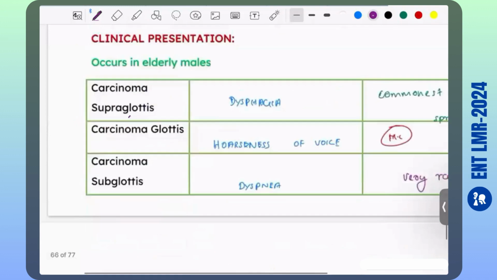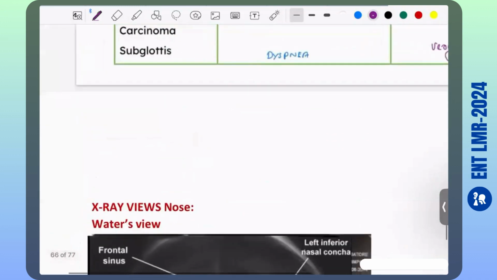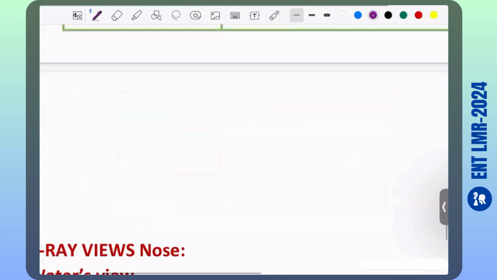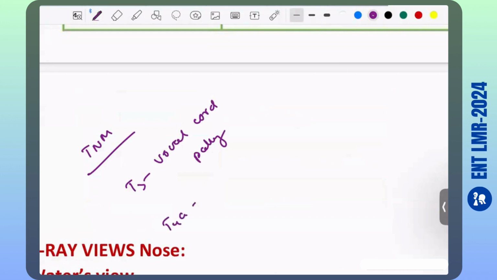What is the staging for CA larynx? T3 means vocal cord palsy. T4a means cartilage involvement. You just remember this point; this is the only point they will ask.